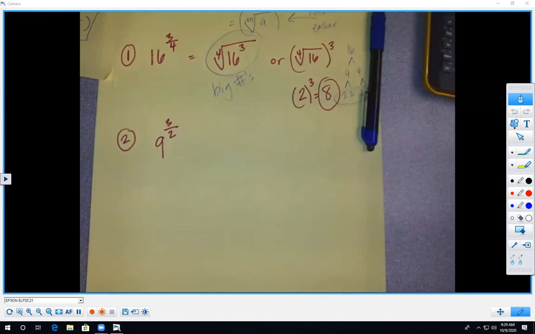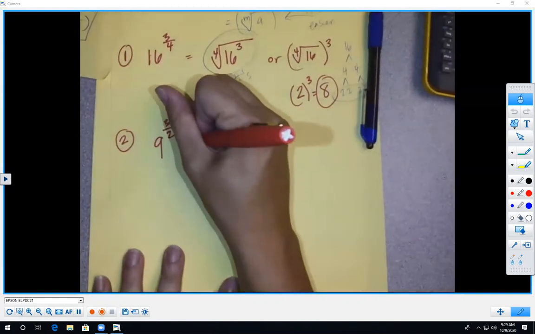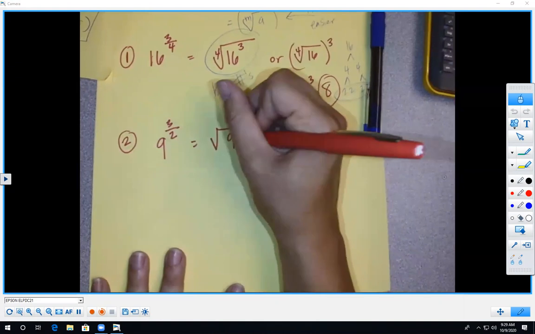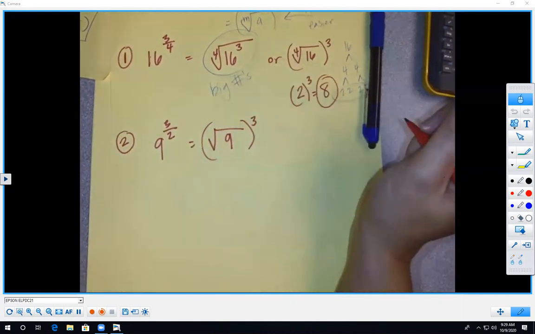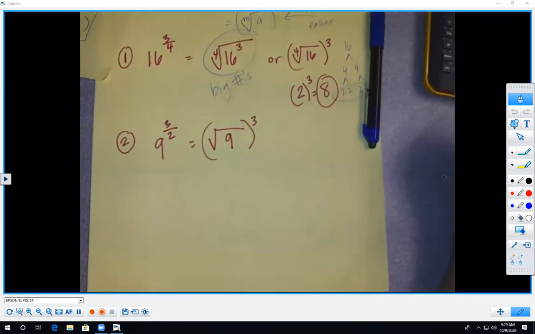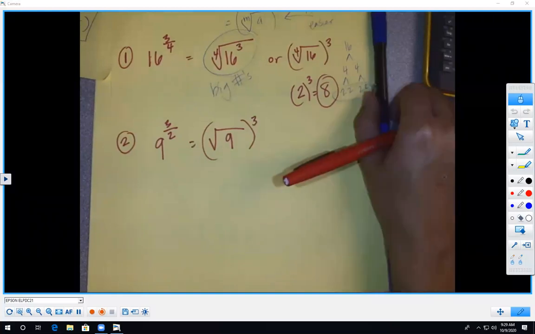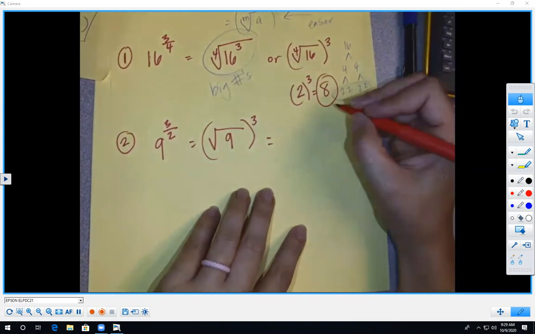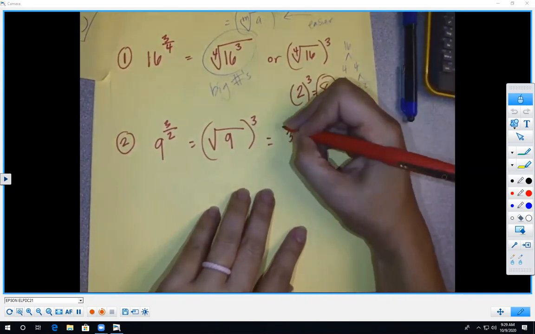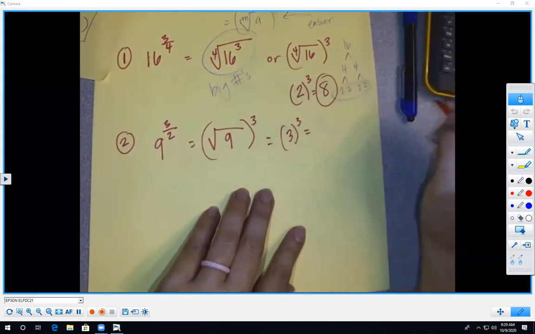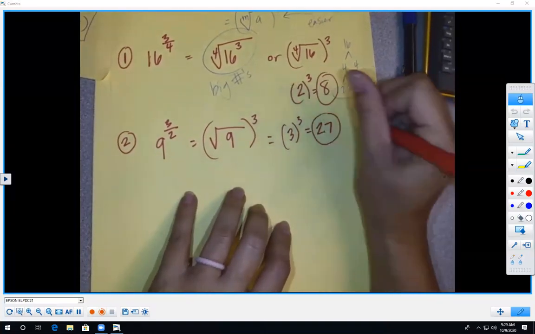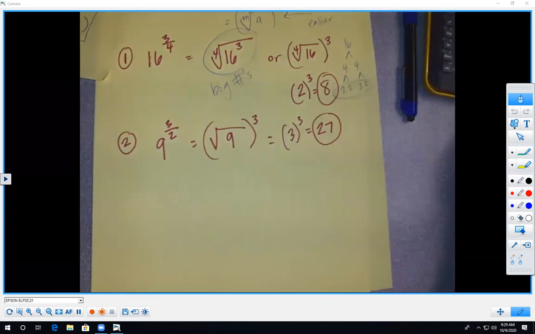The second root or the square root. Okay, so it's best if you do the root first. So the square root of 9, and then after we're done with that, let's raise it to the third power. What is the square root of 9? 3. And what's 3 to the third power? 3 times 3 times 3 is 27. And that's your answer.